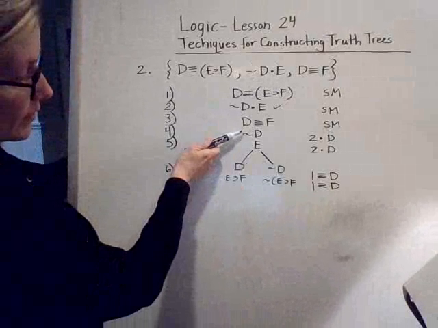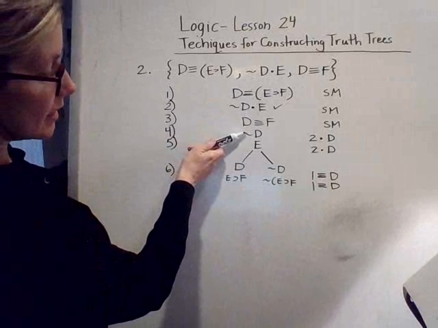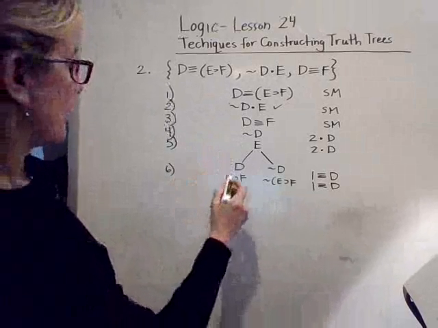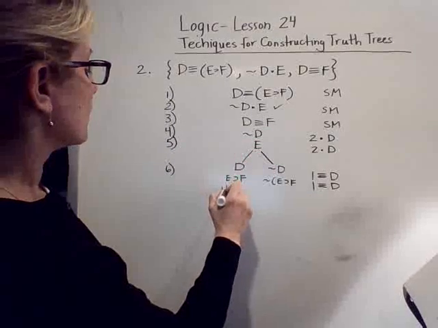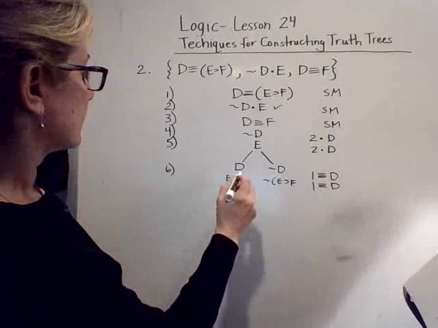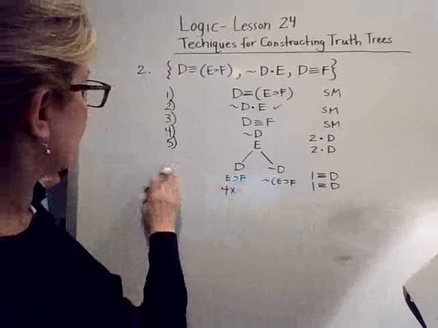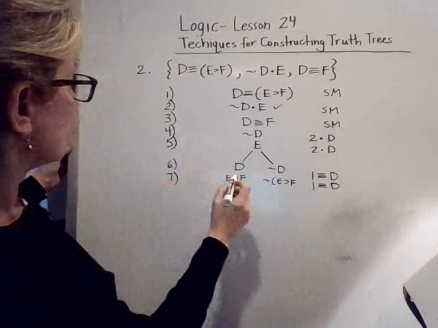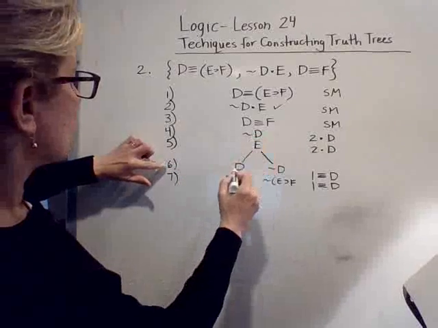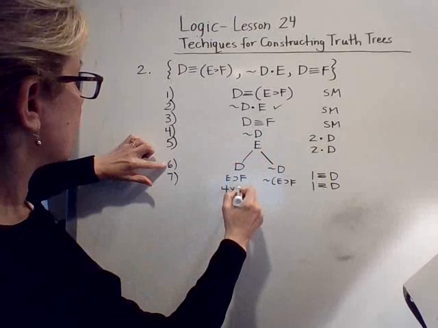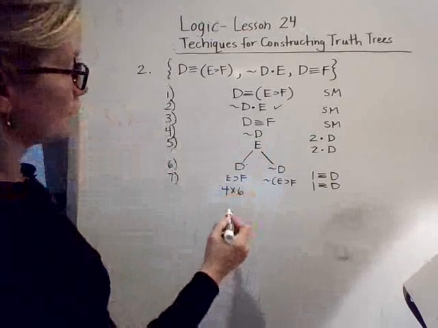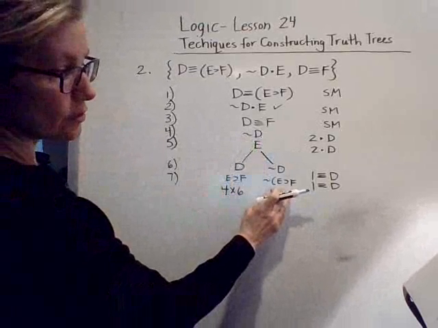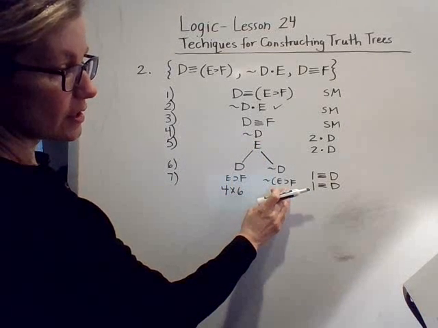Right away you see that we have a not D and a D, which is a contradiction. Oh, actually, we have 2 lines here, line 6 and 7. So line 4 contradicts line 6. This branch is now closed, so we only need to work with the other branch for now.